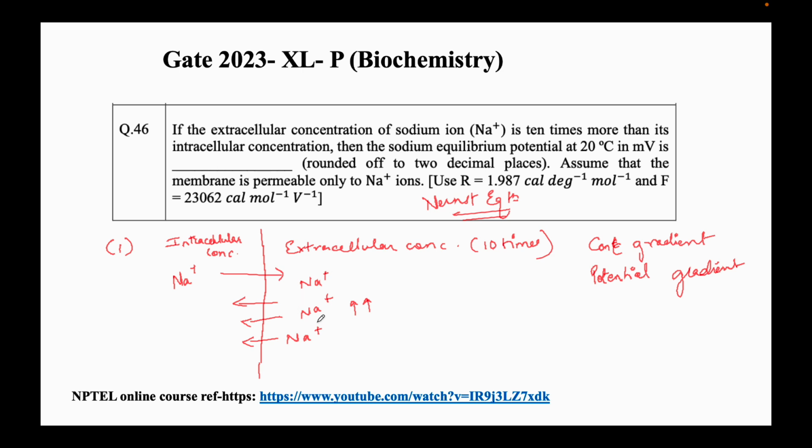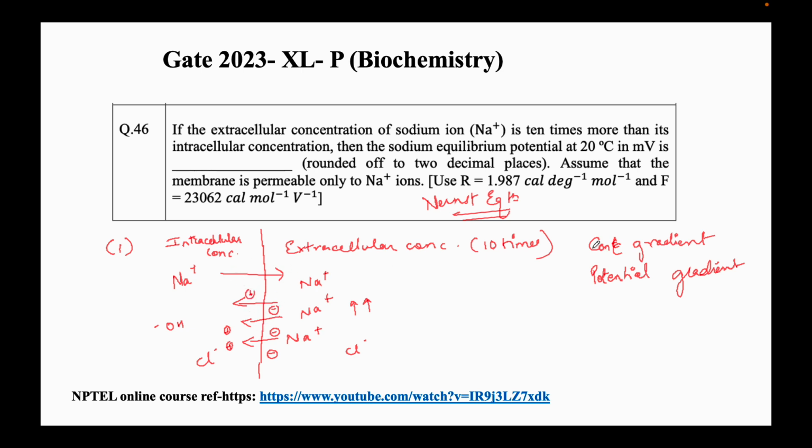This is a solution, so it will also have some negatively charged ions here. It might be Cl minus, it can be OH minus. So when this Na plus is moving, it creates a potential gradient on this membrane.